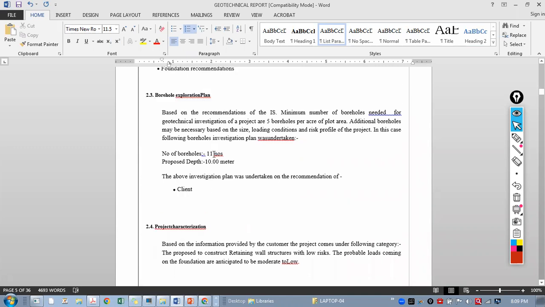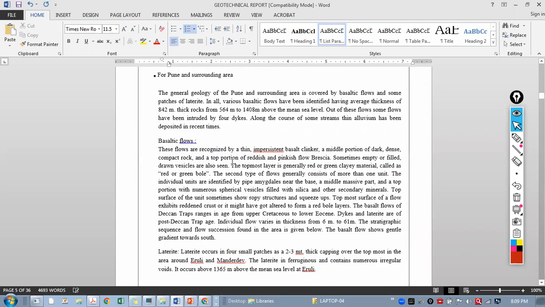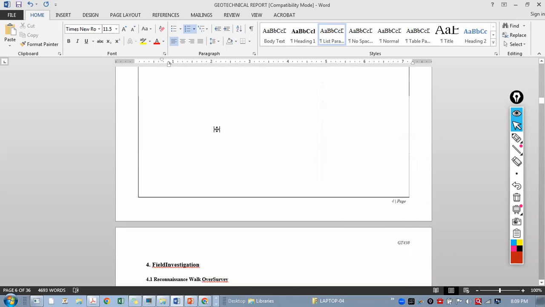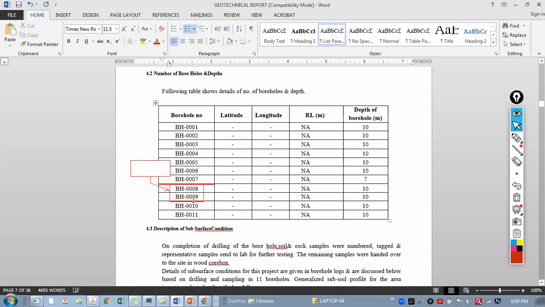In this project, it is 11 numbers and the depth is 10 meters. So they are drilling till 10 meters and then giving you the information. This is the general background of the project. Then field investigation: there are almost 11 boreholes taken and the depth of borehole is 10 meter.